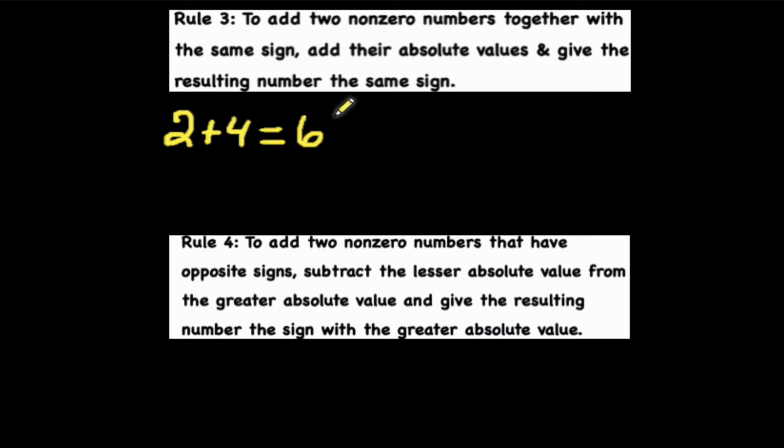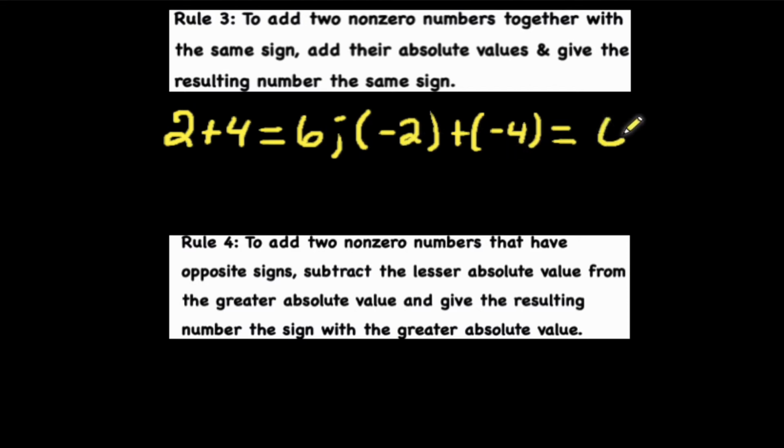Now let's say that you have, and I'm just going to use the opposites of these numbers, negative 2 plus negative 4, right? All you're doing is adding these two numbers together. 2 plus 4 is 6.